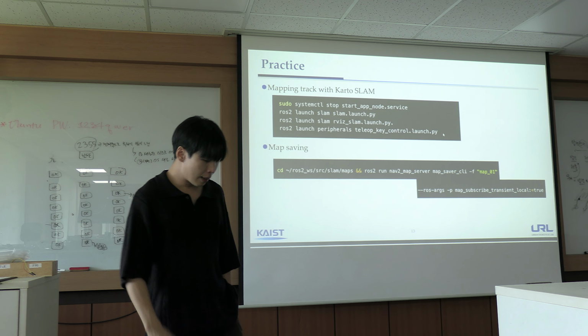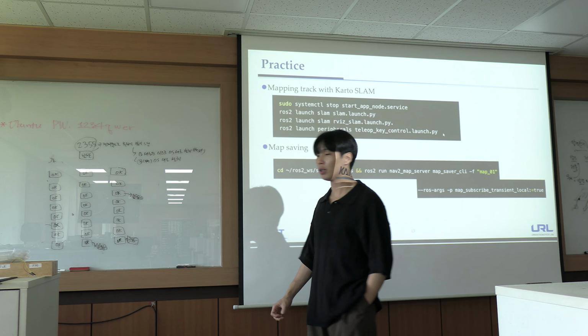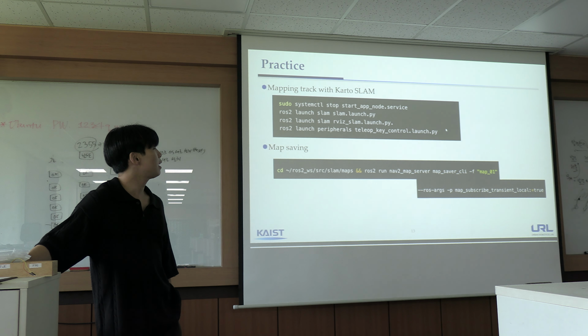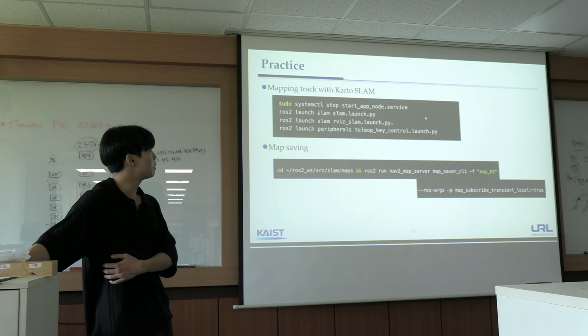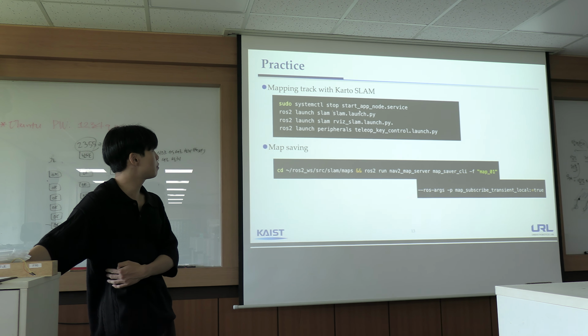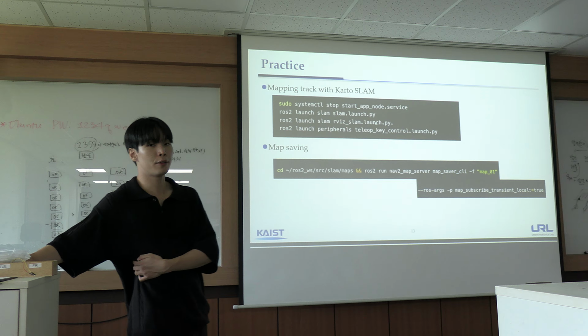Okay, now we will practice KAIST SLAM on our Jetson robot. You can easily use the pre-installed KAIST SLAM system with these command lines. You type this one to clean up the memory. This one is for operating SLAM. This one is for visualizing your map.